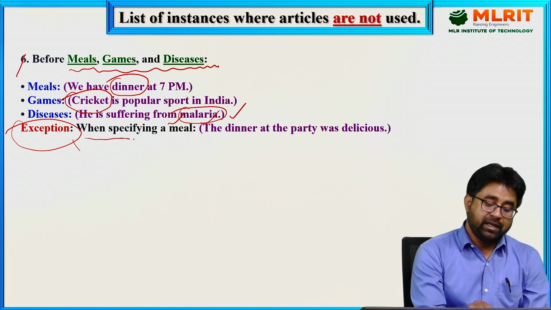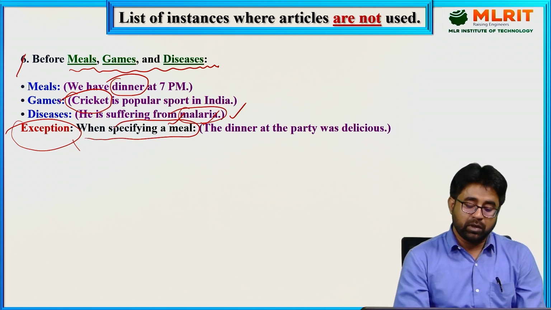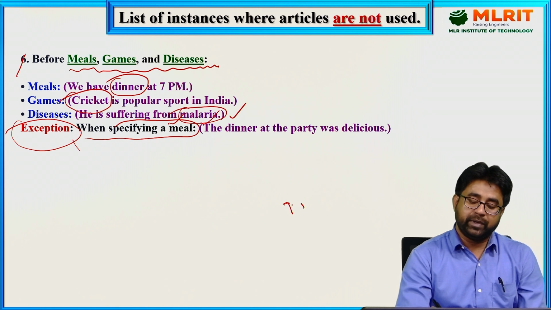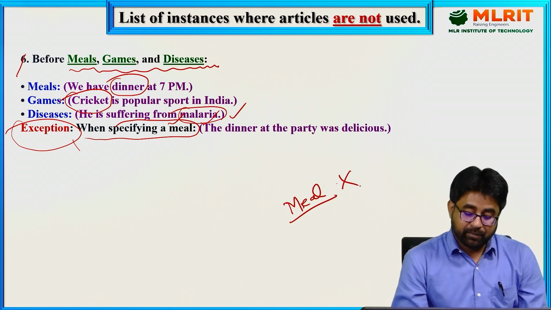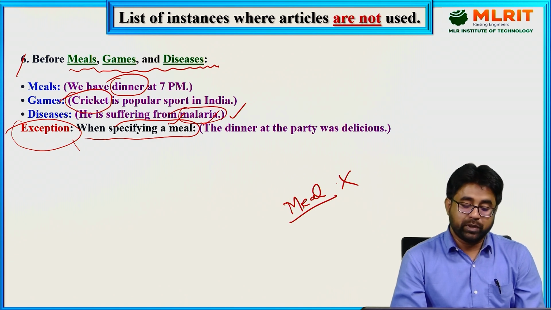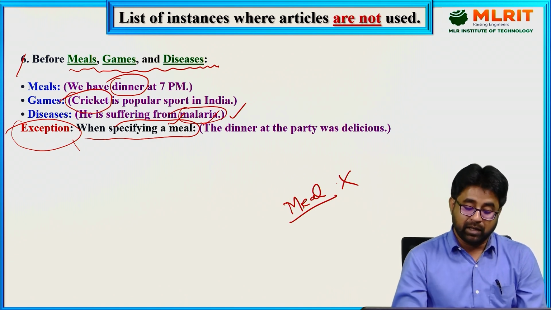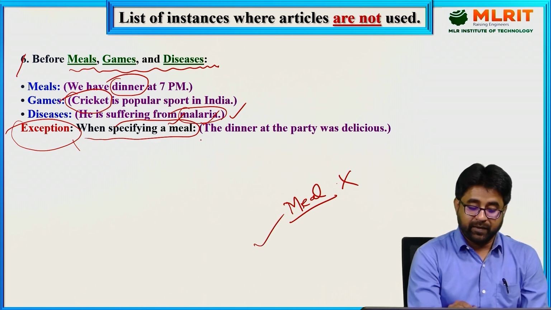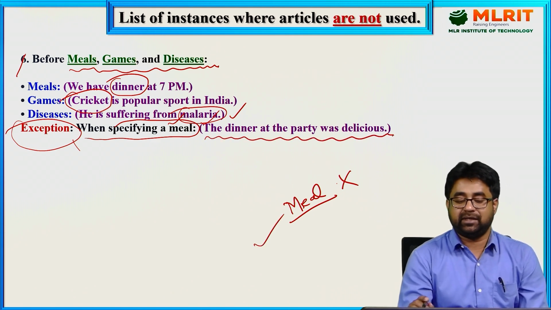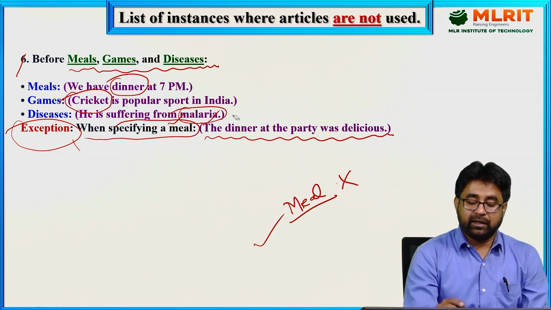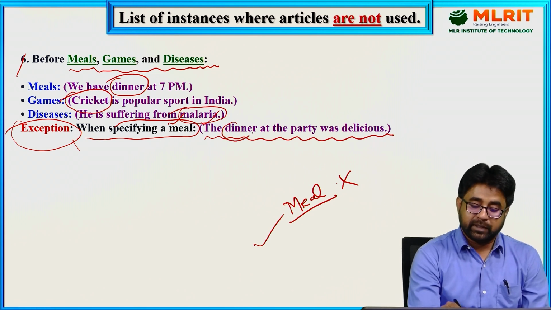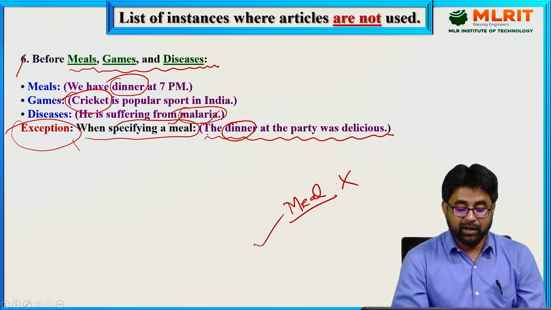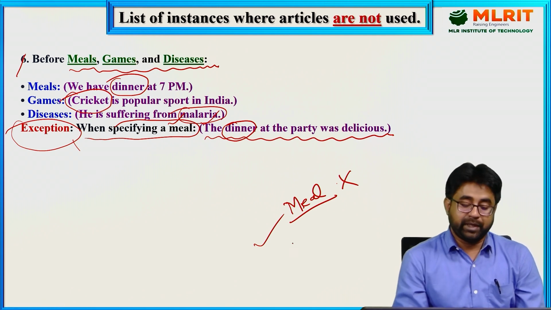When specifying a meal, what is the normal rule? Before the name of a meal, we are not supposed to use any article, right? Now in certain cases, we would be talking about one particular meal. In those cases, we are free to use an article. Now see the example here: "The dinner at the party was delicious." Though the noun dinner is the name of a meal, as per the rule we should not be using any article here.